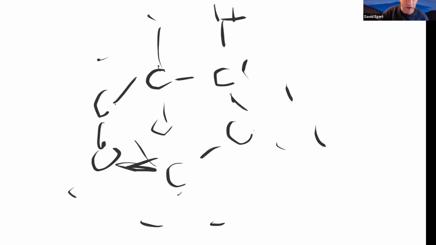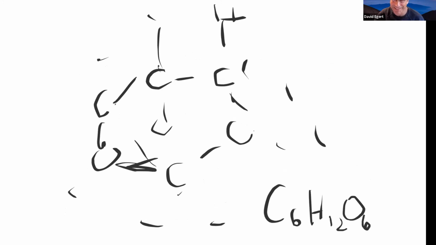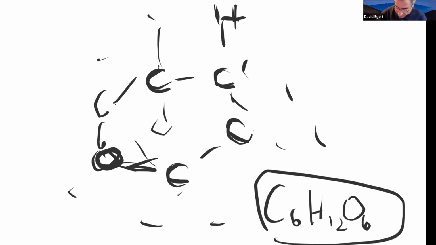I can't even draw one completely from memory, so you don't need to either. But it's these oxygens, carbons, hydrogens, all connected together as a C6H12O6. This is like a glucose, for instance.